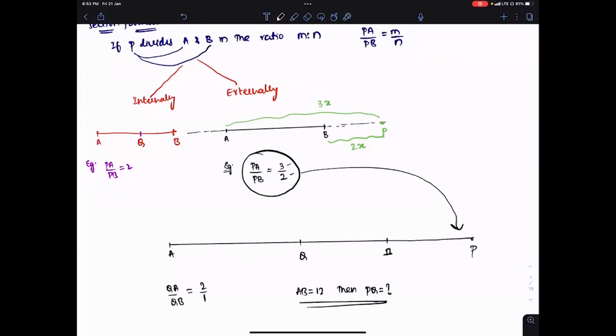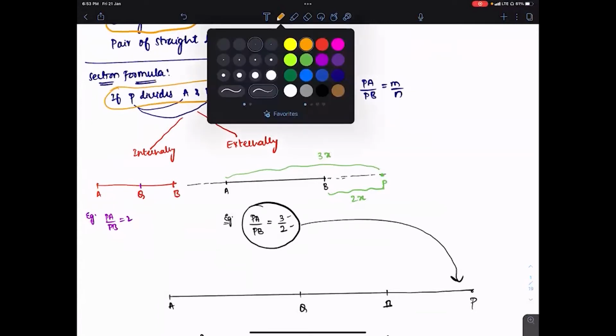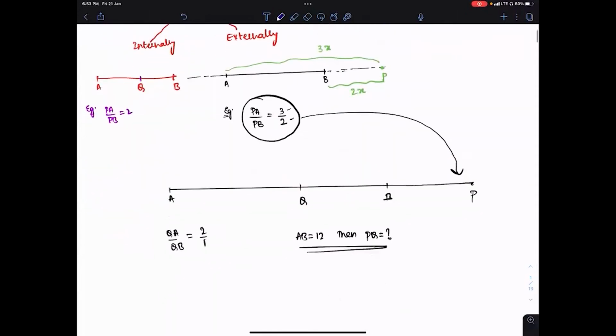So they didn't give any coordinates or anything like that. This problem is purely based on your understanding of this statement: P divides, do you understand this statement or not? Only based on that. Because understanding that statement is very important, guys. Okay. Q divides A and B in the ratio 2:1 internally, they are saying.